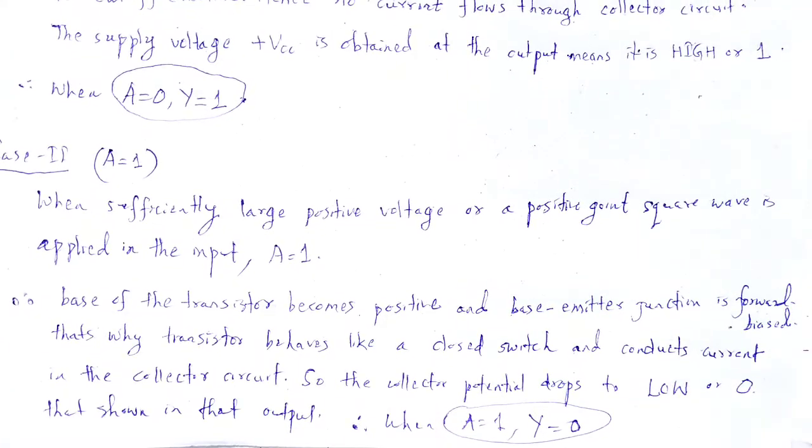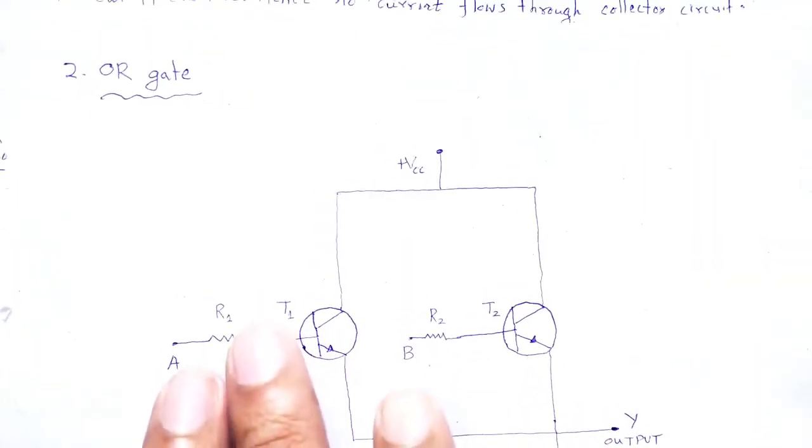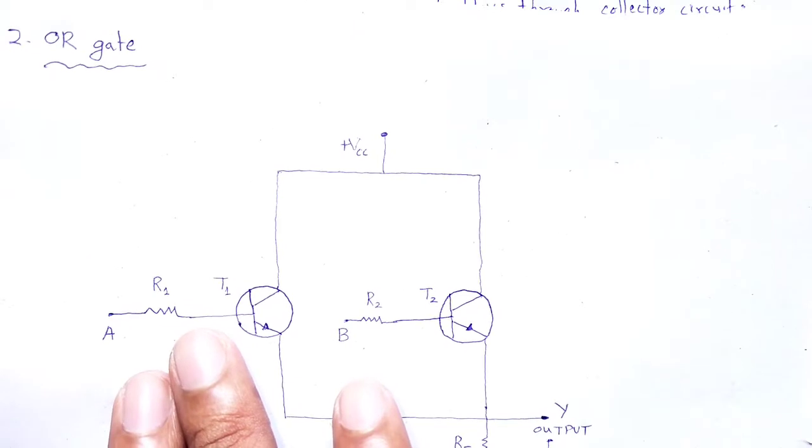Next, the OR gate. The operation of the OR gate we can realize by taking the transistor into consideration.